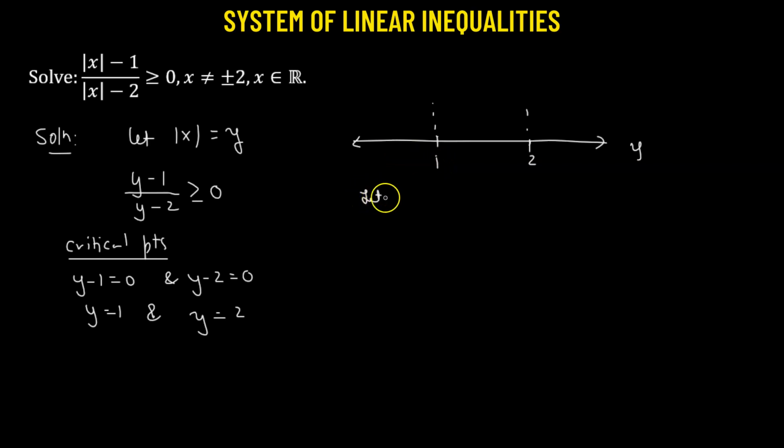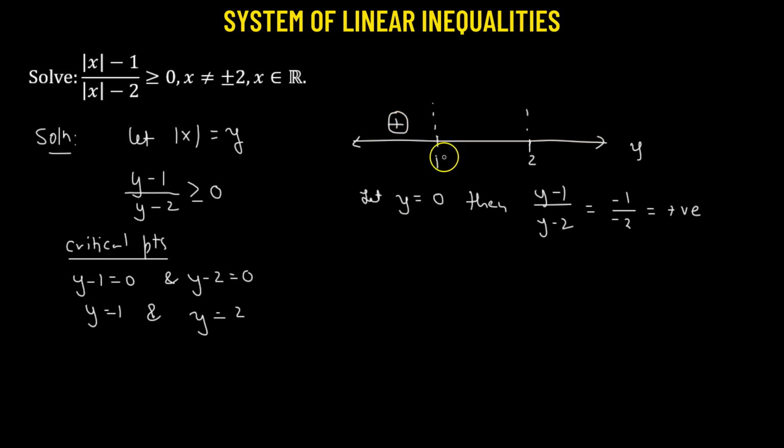Let's take a value, let's say y equals 0. So y equals 0 means it's a value lying to the left of 1 and it's less than 1. In that case, we will substitute this value into our rational expression y minus 1 divided by y minus 2. So this will become negative 1 over negative 2, which is simply a positive value. So that means when we take values of y less than 1, we get positive values.